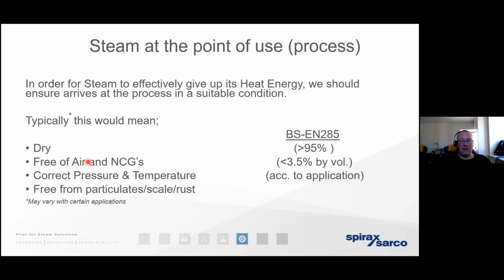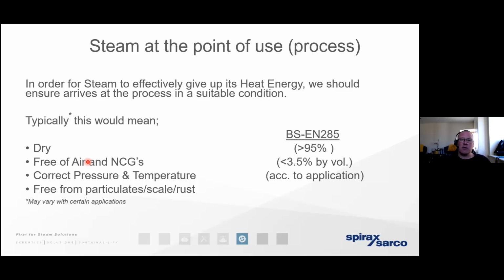For example, a plant steam or a utilities engineer is typically going to mean that they want the steam to be as dry as possible and as clean as possible for reasons we've gone through. Whereas at the process, we're going to be measuring the steam quality on a completely different set of criteria, such as BS-EN 285.